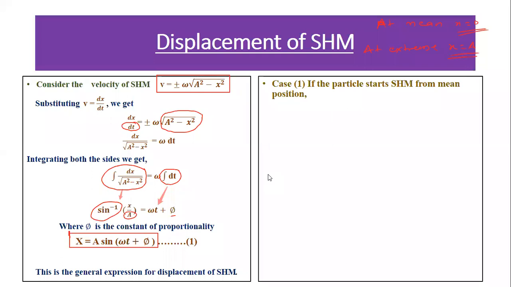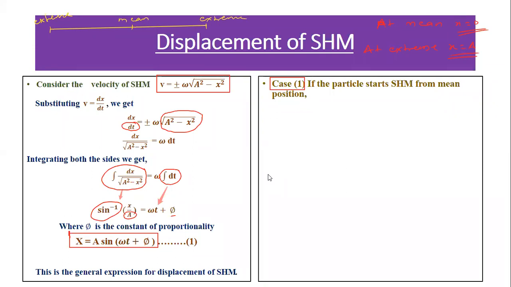But listen, in case number 1, we have to obtain the formula of displacement if the particle starts its motion from the mean position. If I consider this is the path, this is the mean position, and these two are the extreme positions.